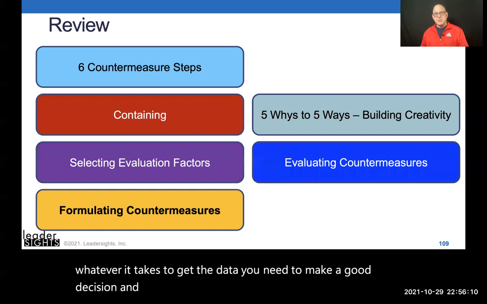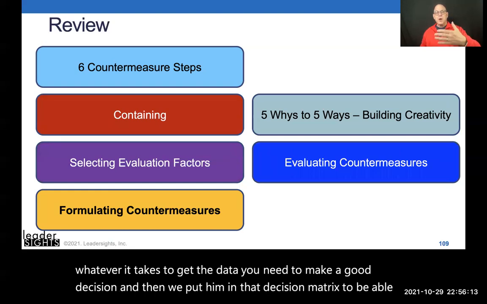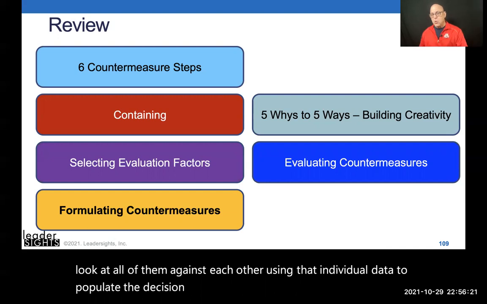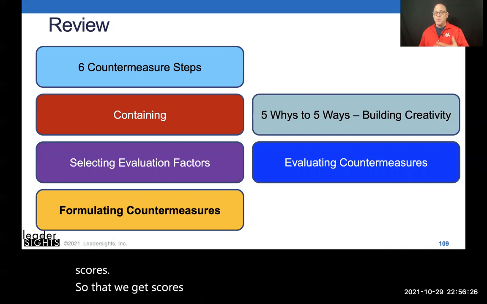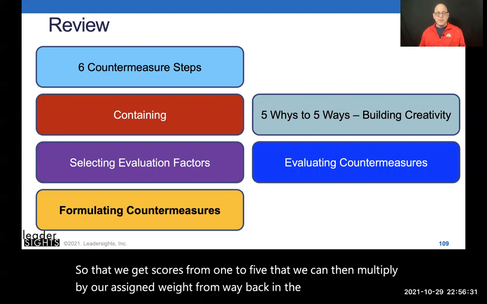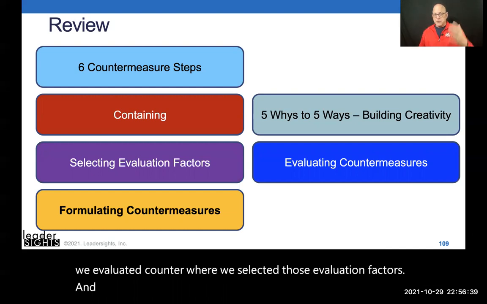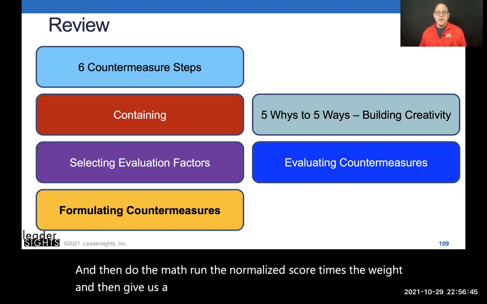And then we put them in that decision matrix to be able to look at all of them against each other, using that individual data to populate the decision matrix, and then normalizing those raw scores so that we get scores from 1 to 5 that we can then multiply by our assigned weight from way back in the second step where we selected those evaluation factors, and then do the math, run the normalized score times the weight, and then give us a sum. Whichever one gets the highest score, that's your first recommendation.